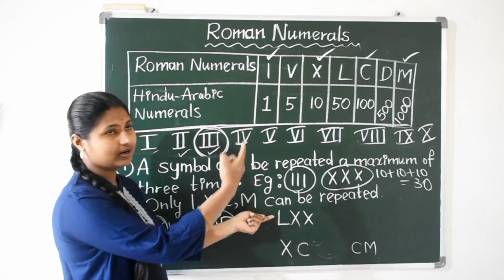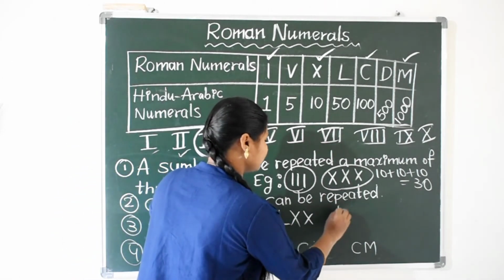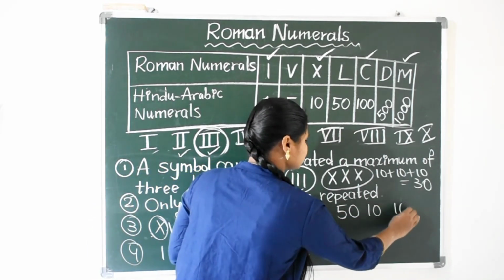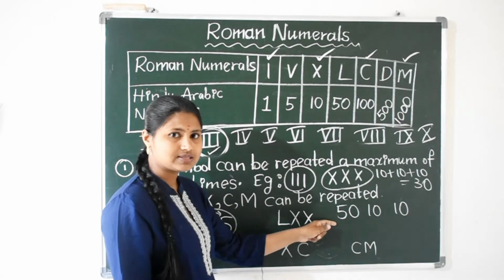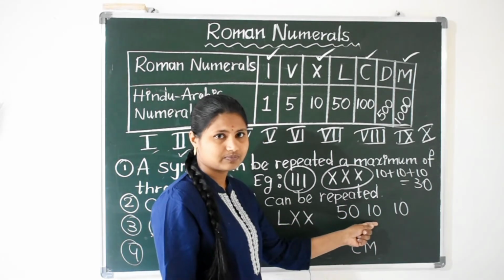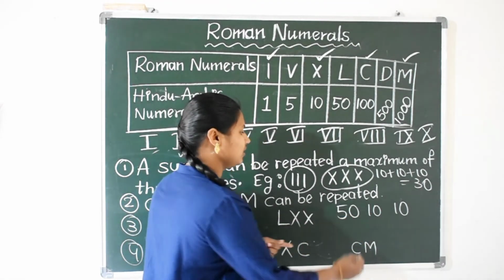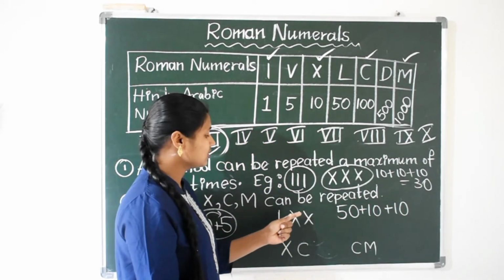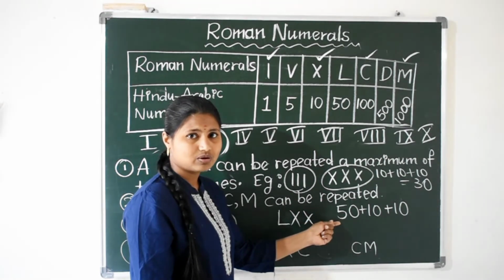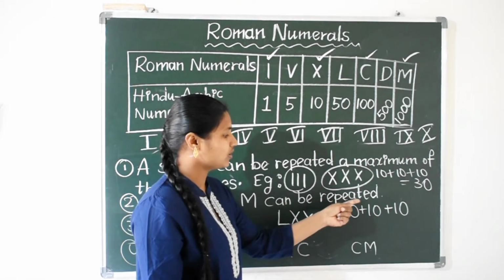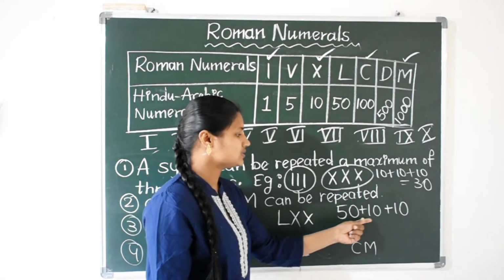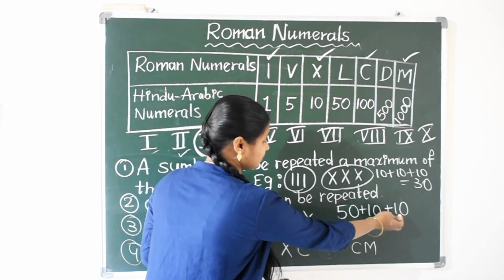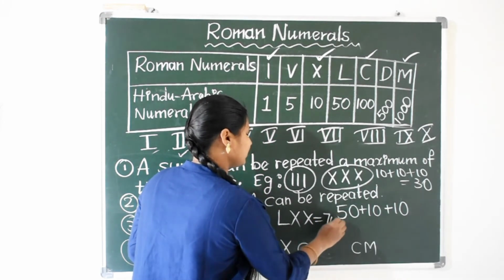L means number 50, right? X means 10 and X means 10. Here the first greater number is there, next two smaller numbers are there continuously. So we have to add using property 3, because here 50 is the greater number, no? So the greater number comes first, so we have to add the numbers. 50 plus 10 is 60, 60 plus 10 is 70.